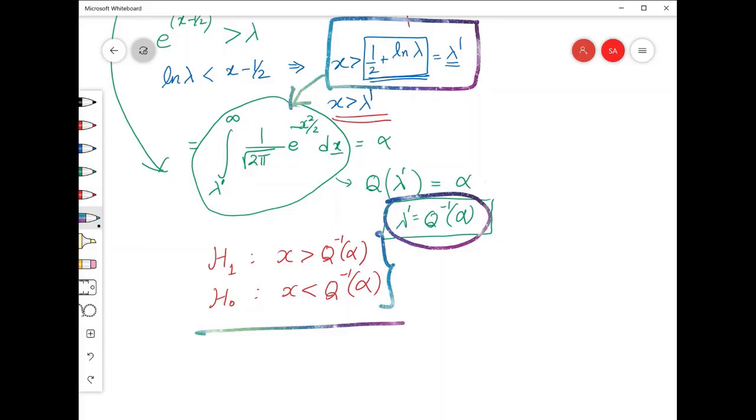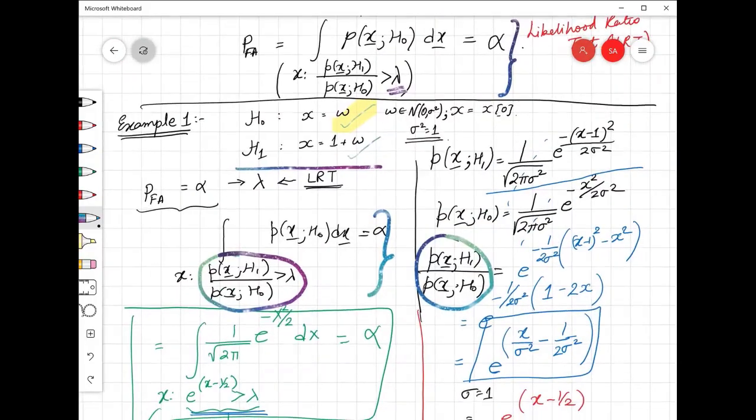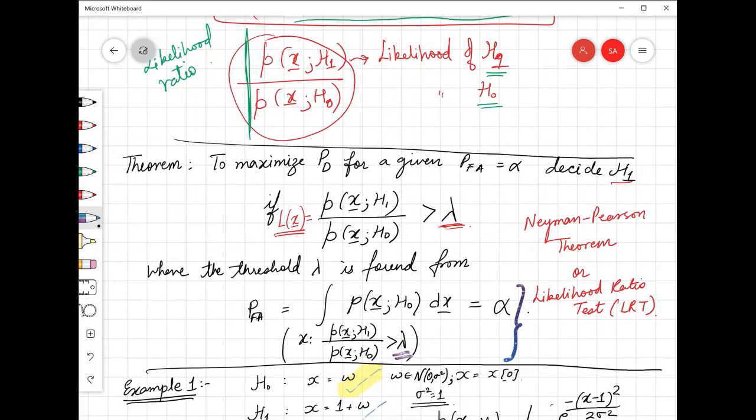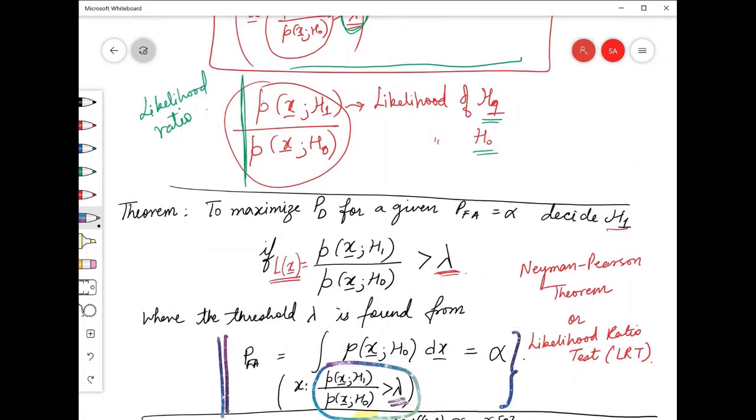Okay, so this is the basic procedure of solving a particular detection problem using the Neyman-Pearson approach. It is very simple. You just have to solve this probability of false alarm equation, where you take the likelihood ratio test and make it useful to get the value of lambda, which you use in your sufficient statistic.